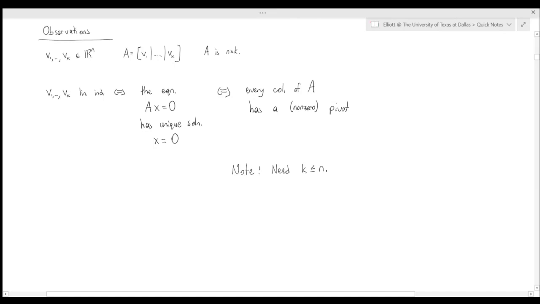Because if you had more columns than rows, then it wouldn't be possible to have a pivot in every column. So the columns over here would not have pivots, for instance. Okay. So there have to be no more columns than there are rows in order to ensure that you could have a pivot in every column. Okay.